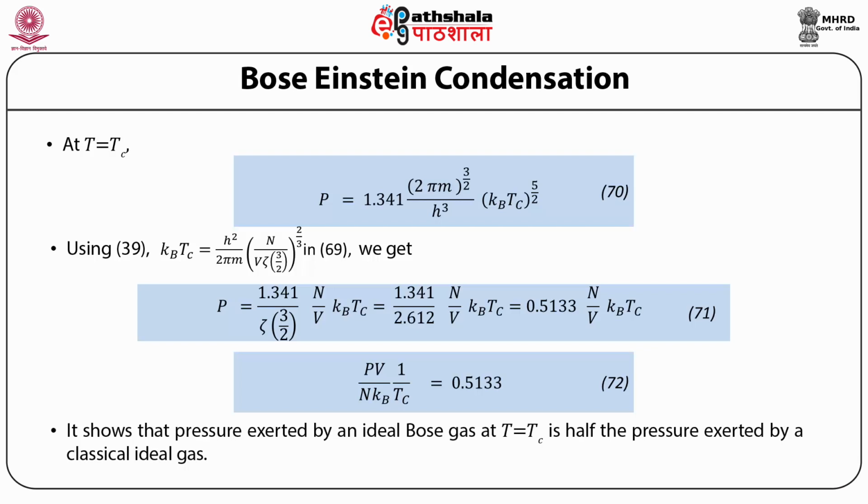It shows that the pressure exerted by an ideal Bose gas at T equal to Tc is half the pressure exerted by a classical ideal gas.